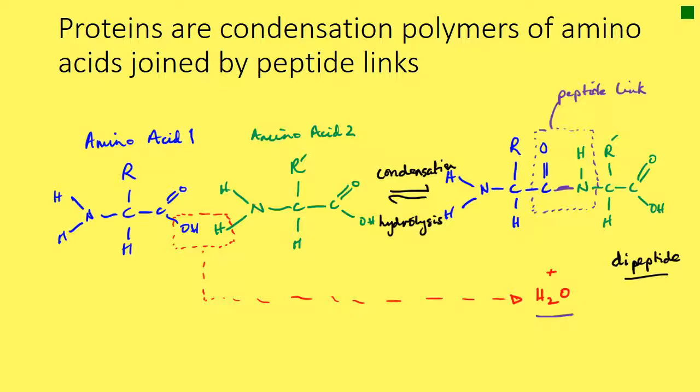So let's, in blue, we'll draw amino acid number 1. So amino acid number 1 with alkyl group R, carbon, hydrogen, amino group, carboxyl group.